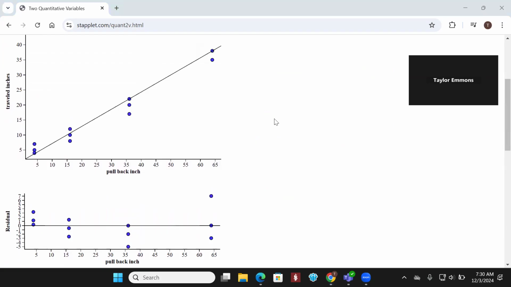Okay. You also can put this in your calculator.